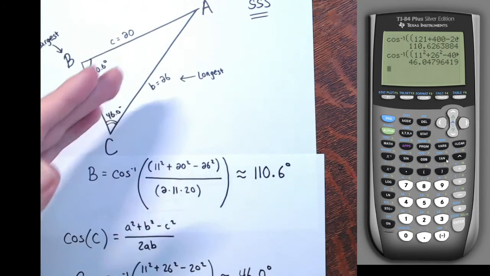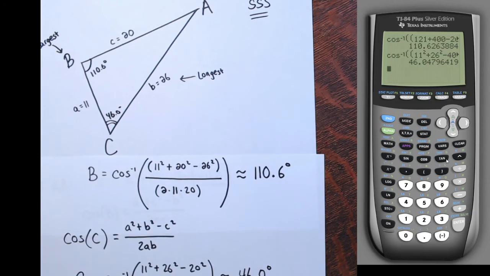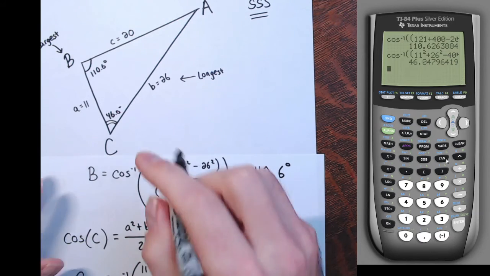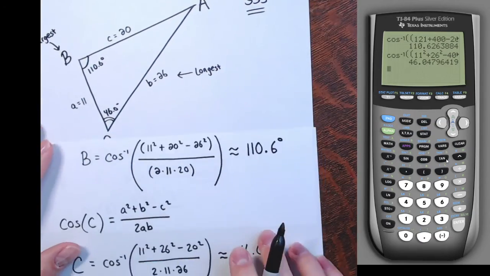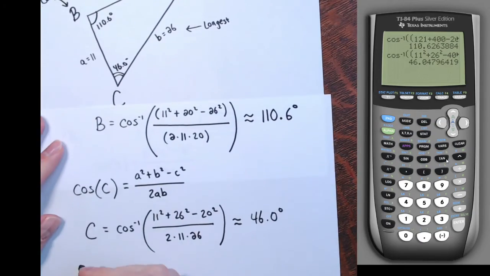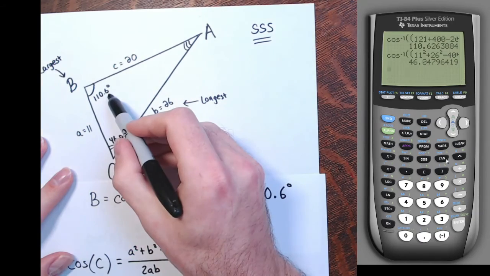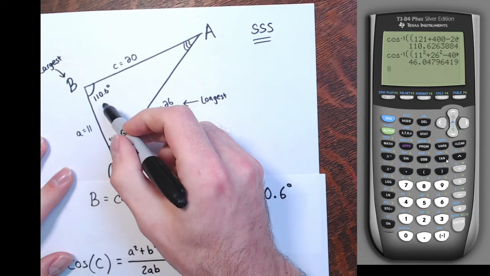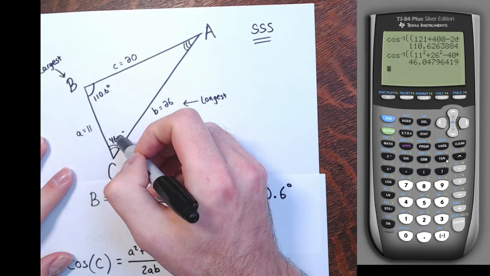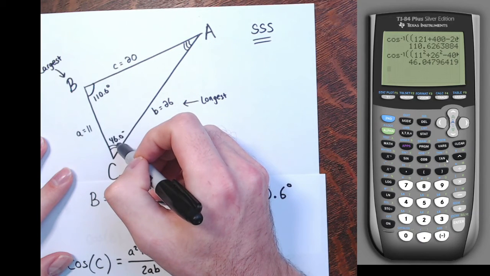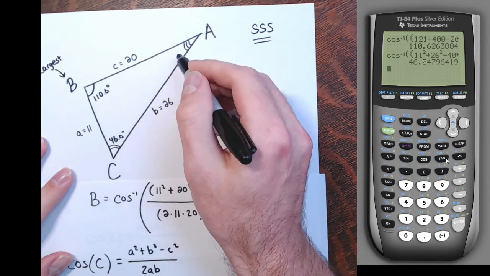And you could do the same for angle A if you wanted. But now I have two angles, so I can find the third one easily by just subtracting those from 180. So let's do that here. 110.6 plus 46 is 156.6. These two angles make 156.6. So what's left over to make 180?